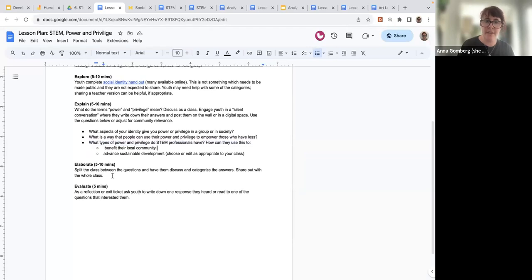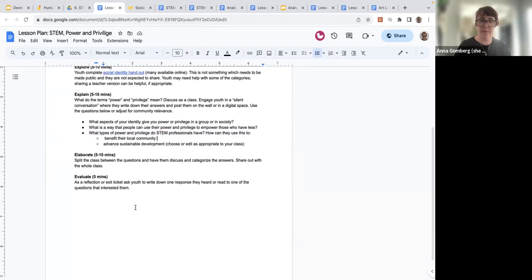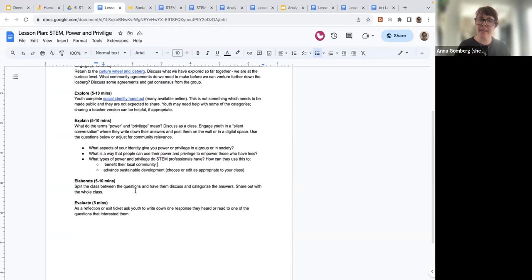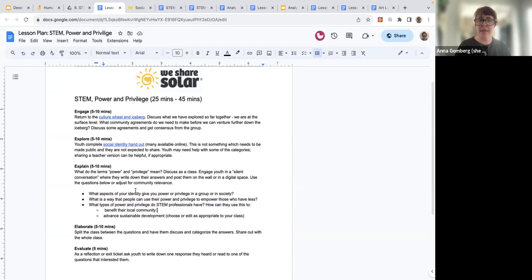Then you can have the students split up and try to summarize the answers and discuss, and then wrap up with a reflection. I wouldn't really call it a lesson, it's more of an activity, but it's the last one that we have here.